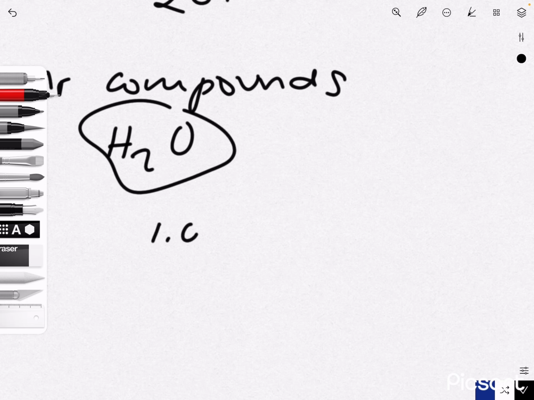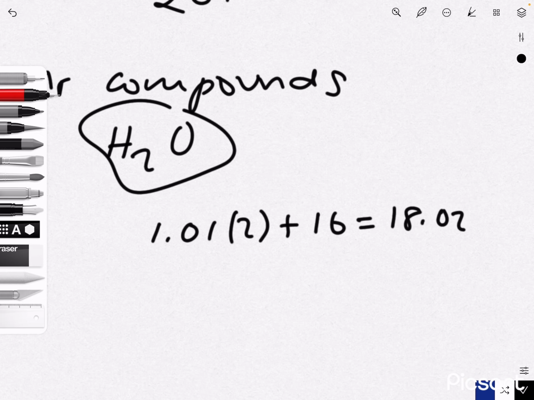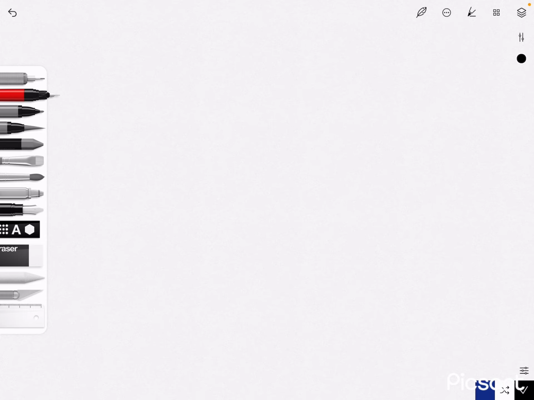So 1.01, that's hydrogen, times 2, plus 16 of oxygen, which will give us 18.02.